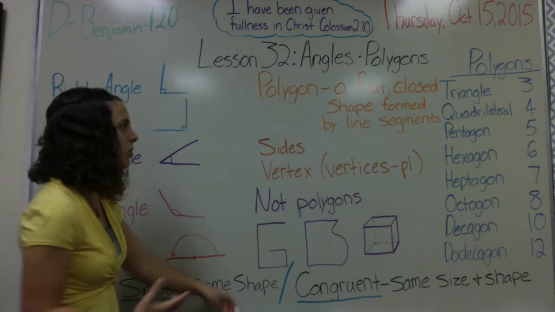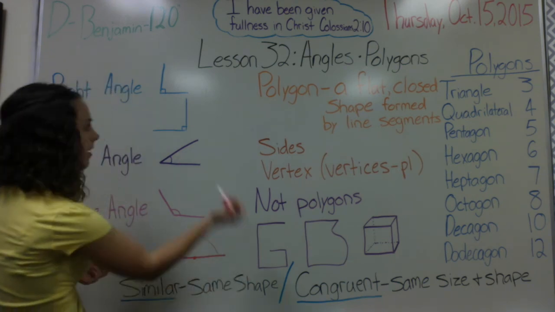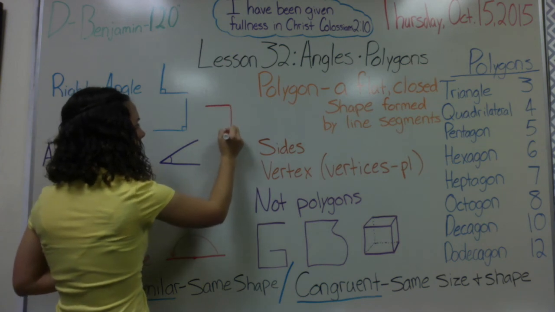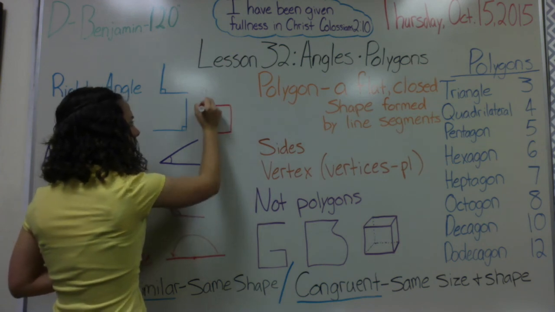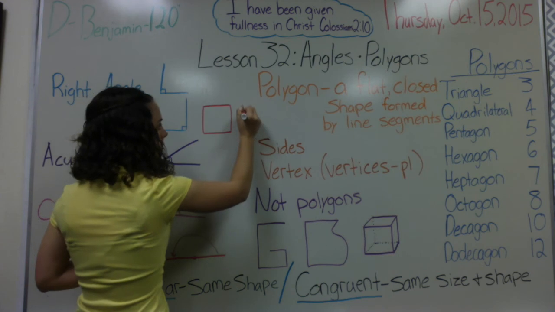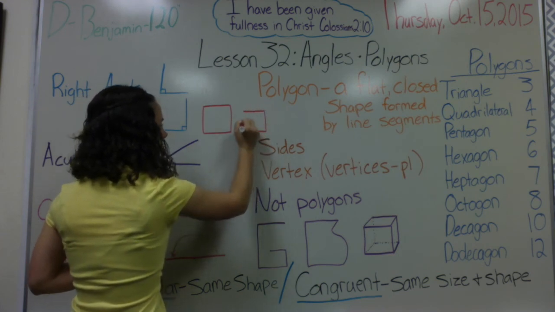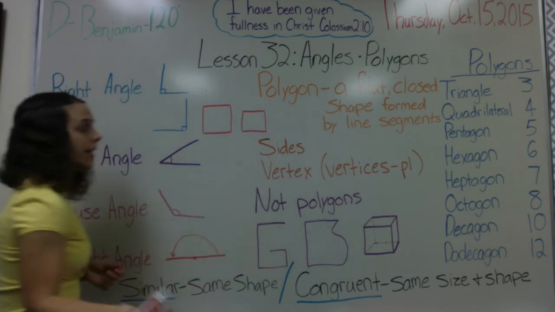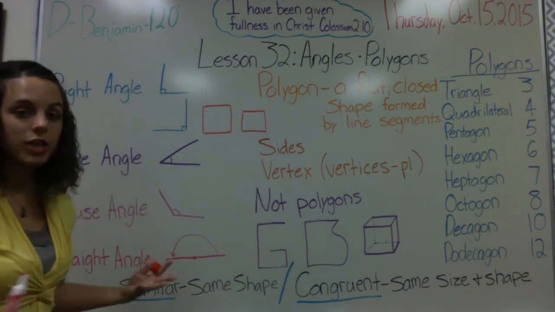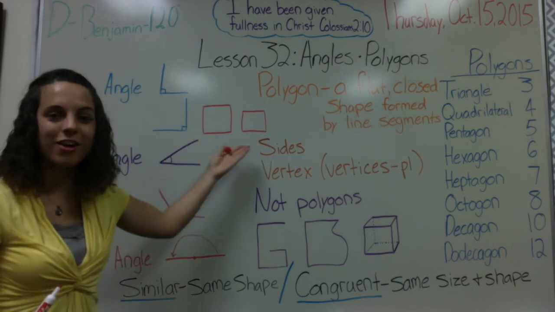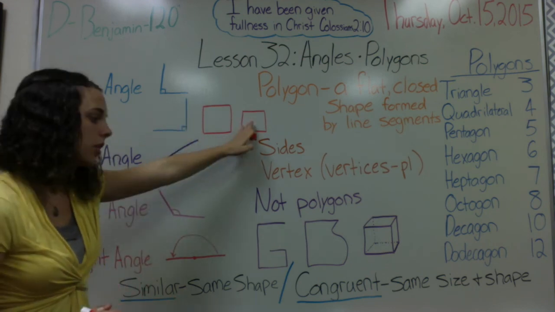So if I have 2 squares, I know I'm kind of out of room here. This is kind of a rectangle. I have a rectangle here, and I have a similar rectangle here. They are similar because they're the same shape. Now, probably not perfect because I cannot draw that perfect. It would take a lot of time, but they are similar.